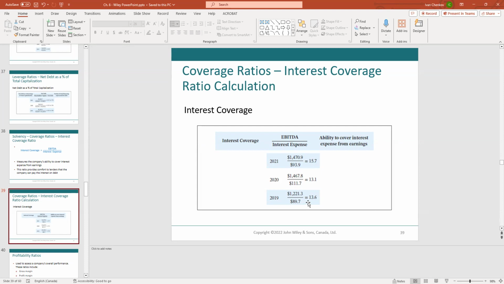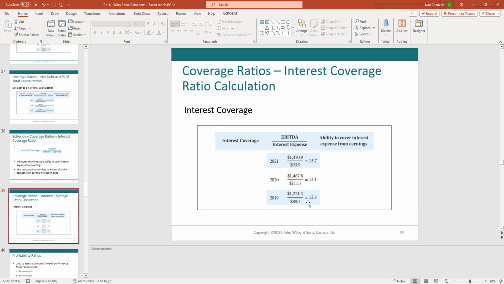In other terms, think about it. If you have a business that generates 10% income, but you're paying 2% for the interest expenses.